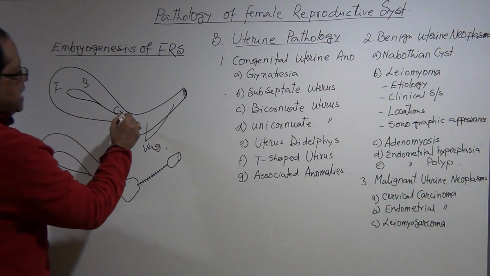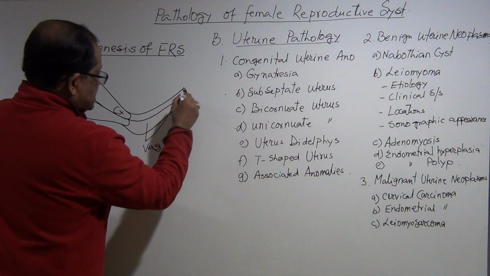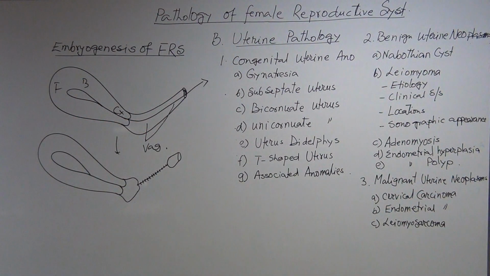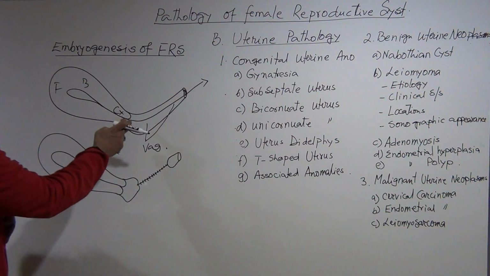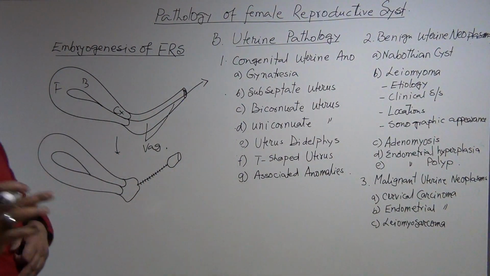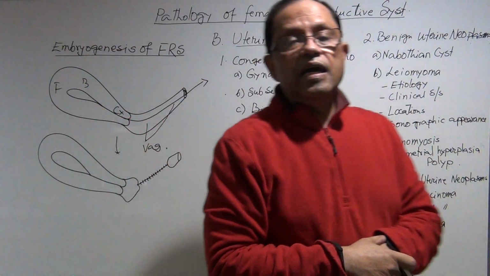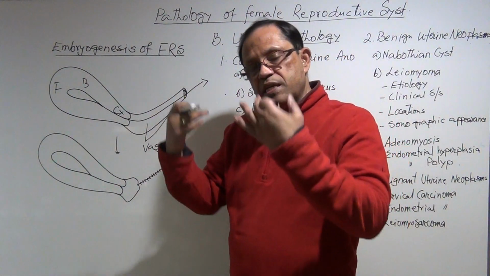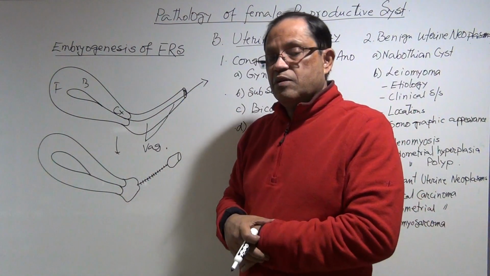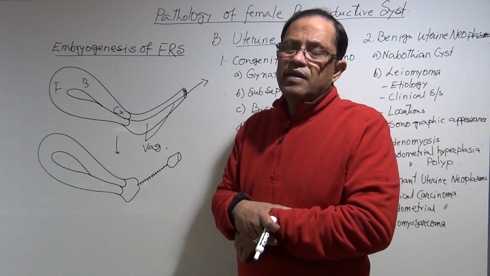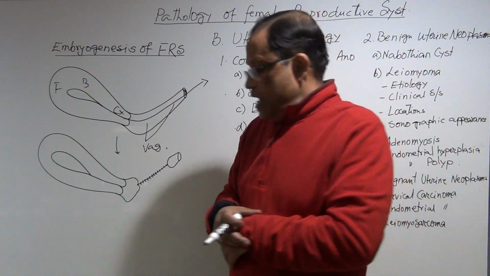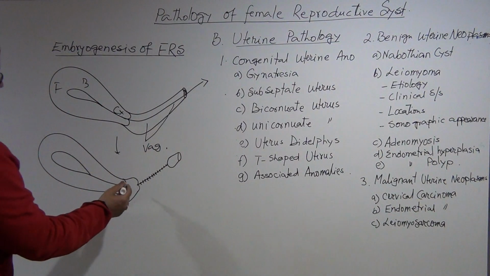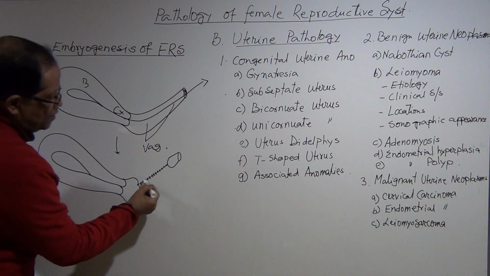So if the patency, understand, if the patency is not there, so then what happened? A girl that has menarche at 13 years of age, every month subsequently they will have bleeding, but where is the bleeding going? So they all will be collected here because they cannot pass.